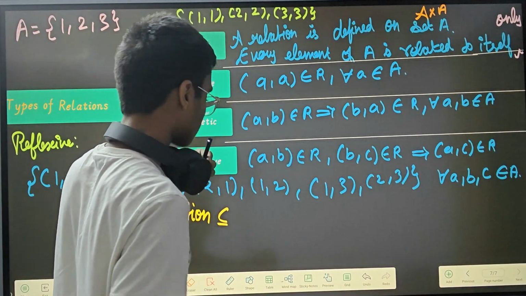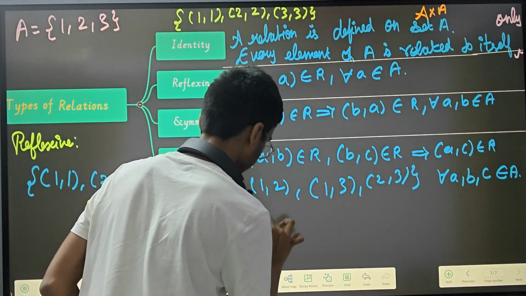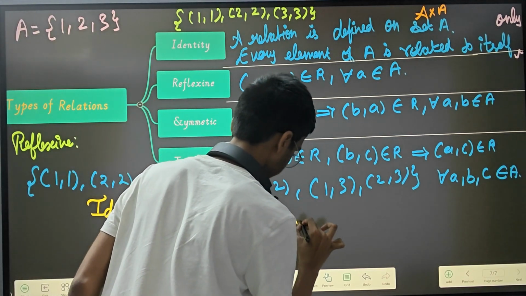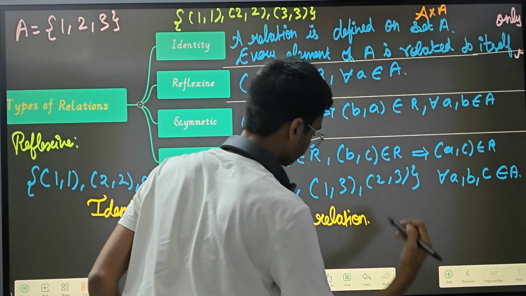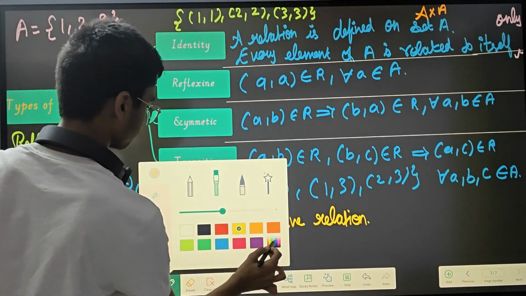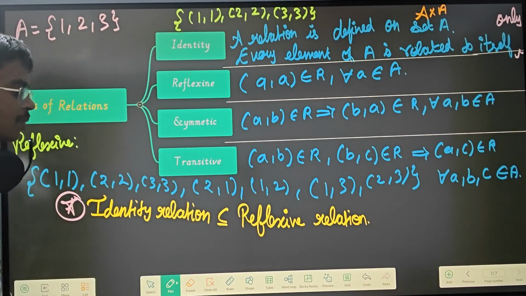Identity relation is going to be a subset of, or it can also be equal to, the reflexive relation. So this is the first condition, only one condition, and that is okay.